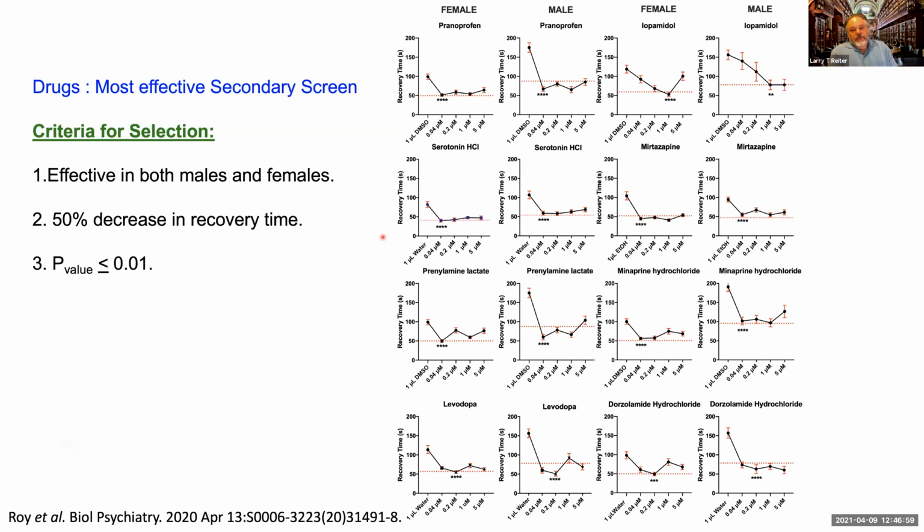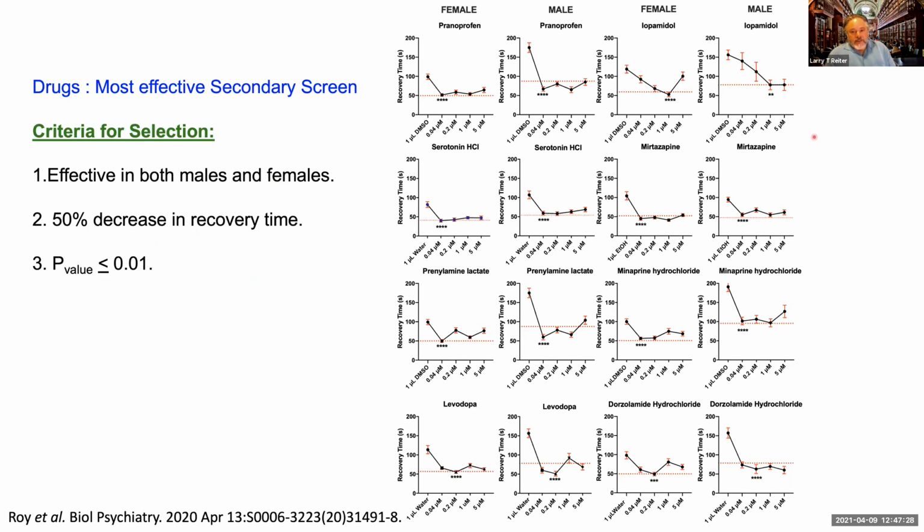So after we did the primary screen, we took all of those compounds on the table, and we had to find a way to verify in a secondary screening that they were actually real hits. So we made slightly stronger criteria in this case. We wanted to look for a 50% decrease in recovery time in males and females, and a significance value of 0.01.